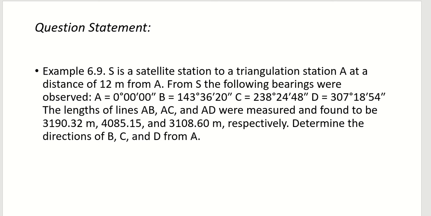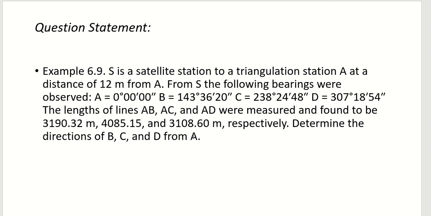Actually, what the problem is saying here is that there is a satellite station and a triangulation station A. From these two stations we join different points like B, C, and D, and the bearing is measured from the satellite station.